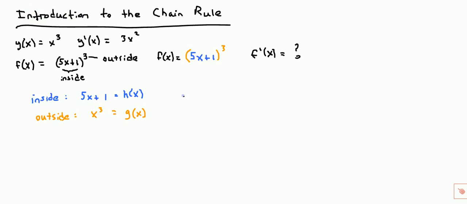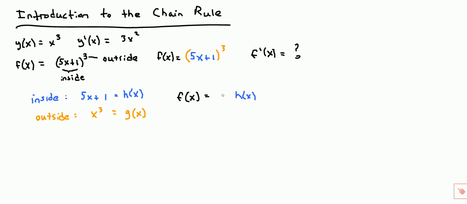How do we write f of x? Well, h of x is inside, right? Oops. I should write that in blue. So h of x is inside. We're taking that and we're cubing it.